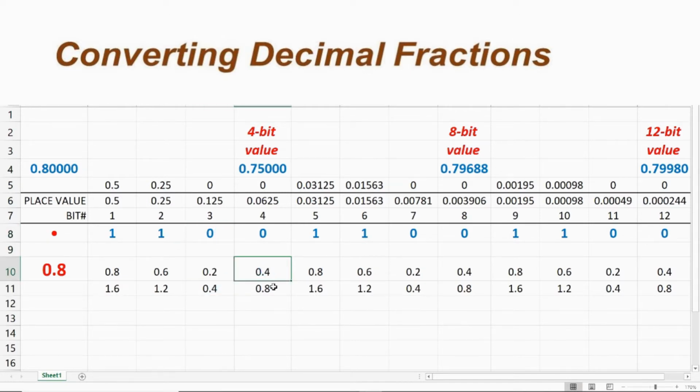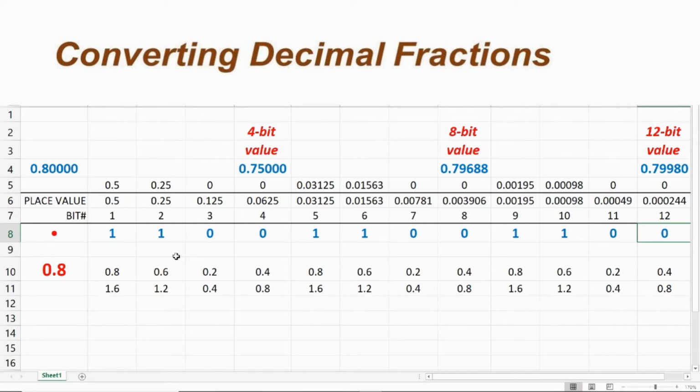Multiply that with 2, 0.8. 0 comes here, 0.8 comes here. Multiply that with 2, 1.6. 1 comes here, 0.6 comes here, and so on and so forth. So we get this pattern 0.110011001100. So this is a non-terminating series of binary bits.